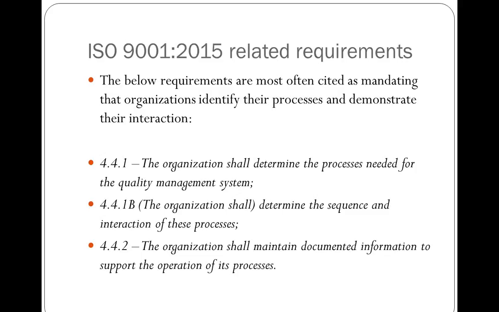And then in 4.4.2, we're given a slightly different rendering of the requirement, and it states that you shall maintain documented information to support the operation of its processes. Now, the interpretation of what that means is that you still have to have that interaction of processes. You still have to define what are my processes, what are the processes that make up my system.